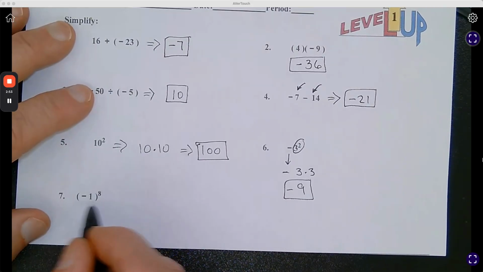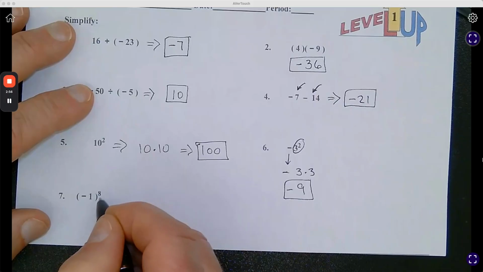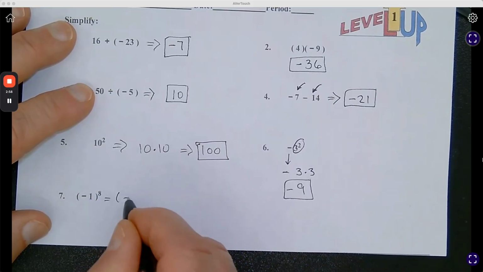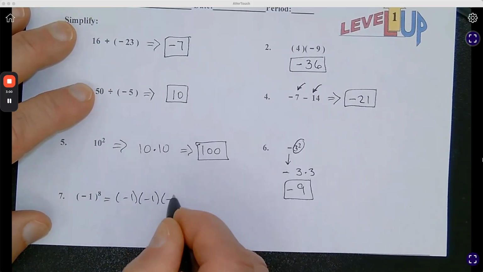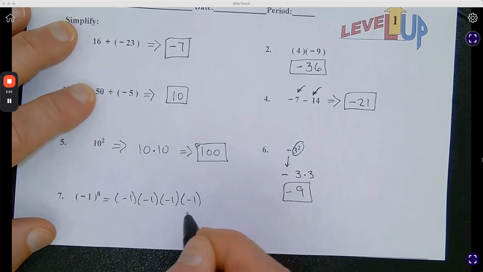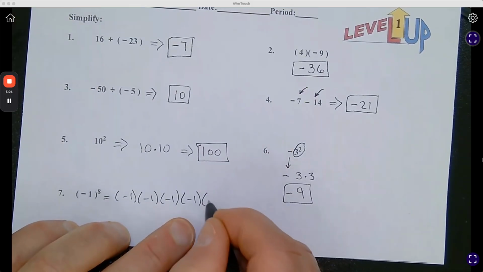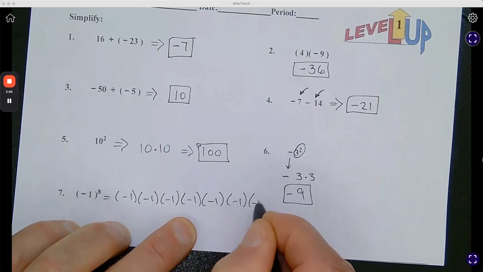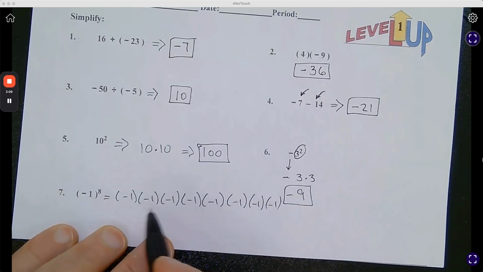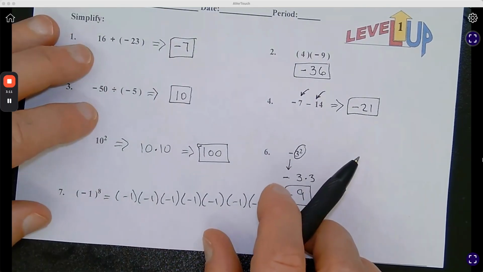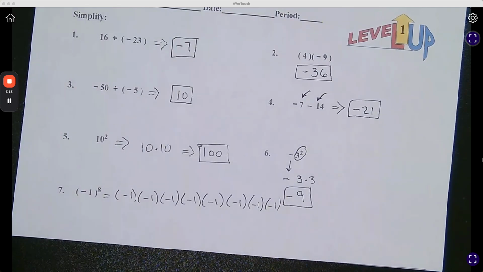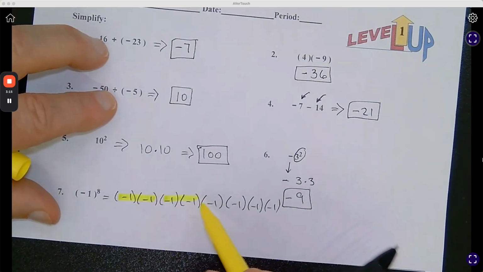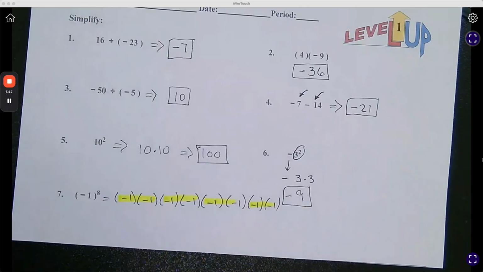All right, I'm going to take negative 1 and multiply it by itself 8 times. Notice this is in parentheses with the exponent outside of the parentheses. So that exponent of 8 means that you're going to multiply negative 1 in parentheses times itself 8 times. 1, 2, 3, 4, 5, 6, 7, 8. Every pair that I multiply is going to give me a positive 1.